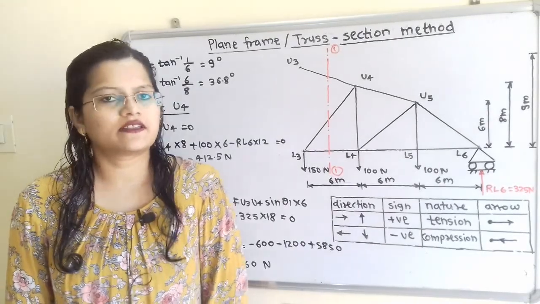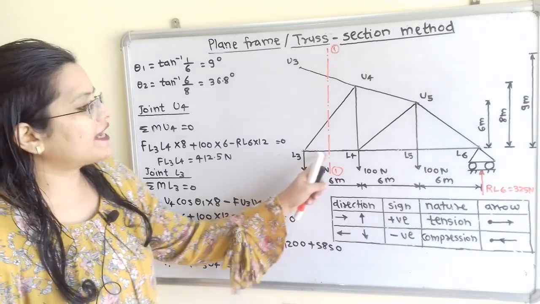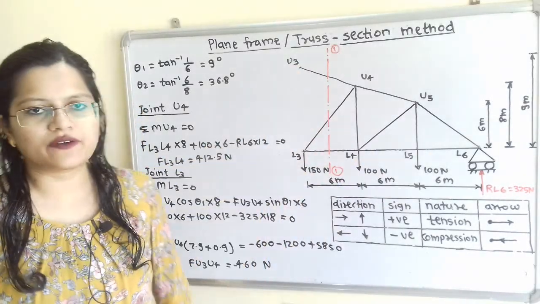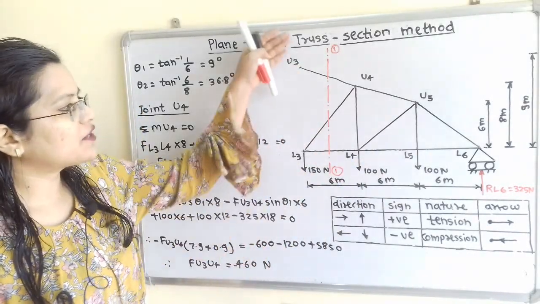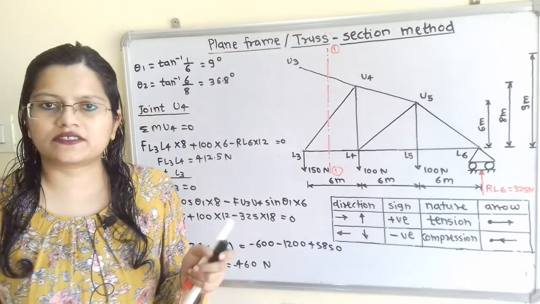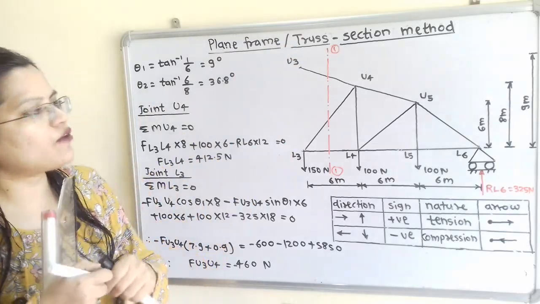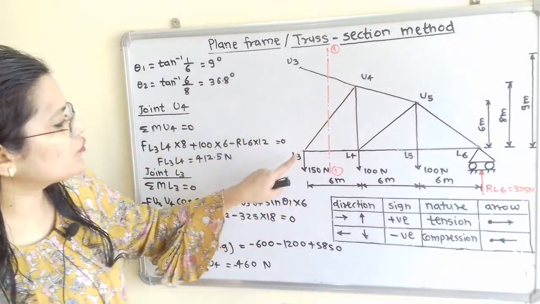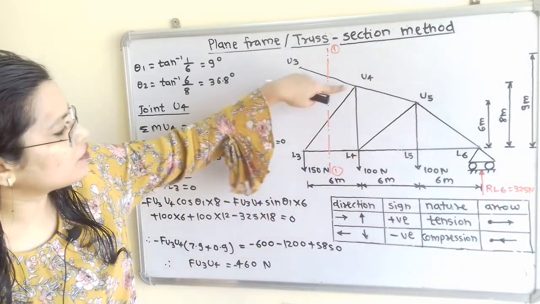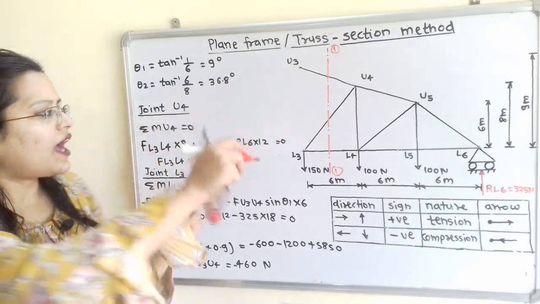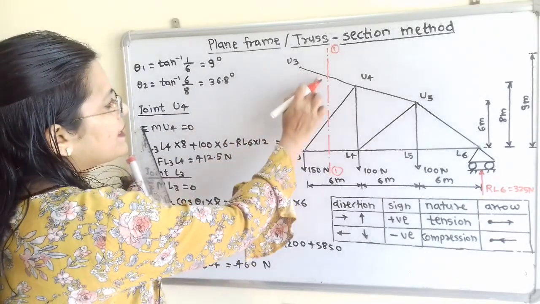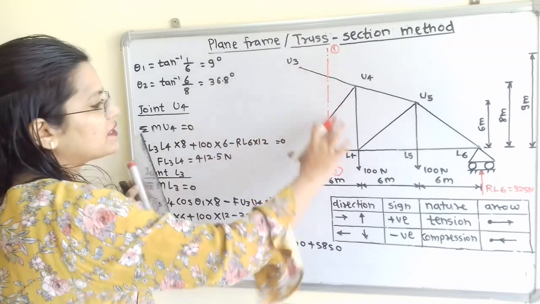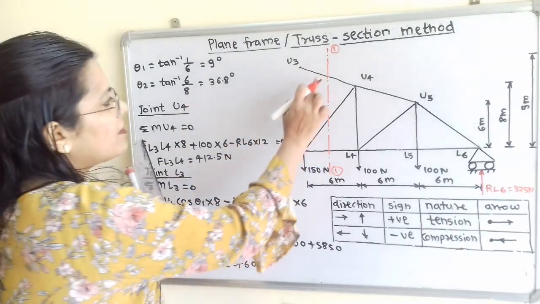We will consider the equilibrium of the right hand side of this section 1-1. So on the left hand side we have to remove all the parts. But the question is we have to find the unknown forces in the members U3, U4, L3, L4 and U4, L3. So I will complete this left hand side part with these members with the help of a red marker.